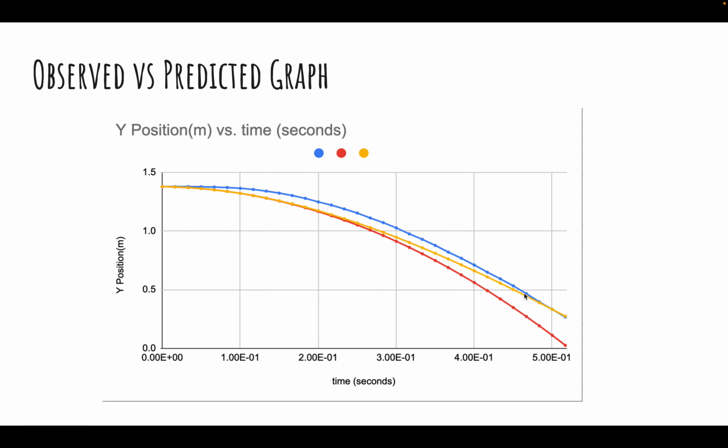However, with the simulated predicted values with drag and the observed values, you can see that they're slowing down and it's not at a constant acceleration. You can see that some force is acting upon the real observed object, and that the predicted values for an object with drag better represent the data rather than predicted values without drag.